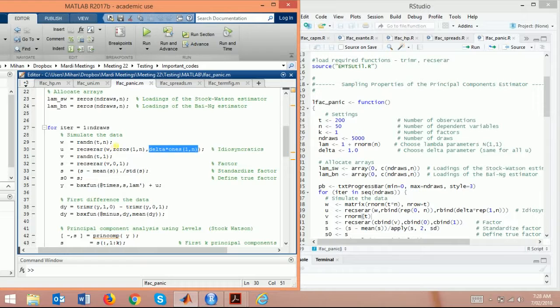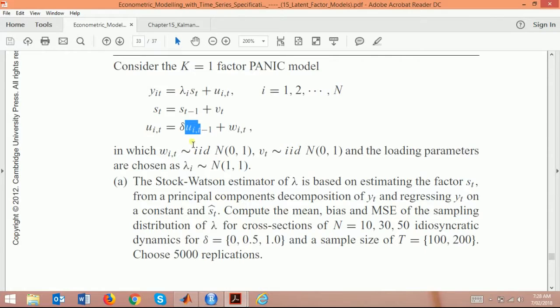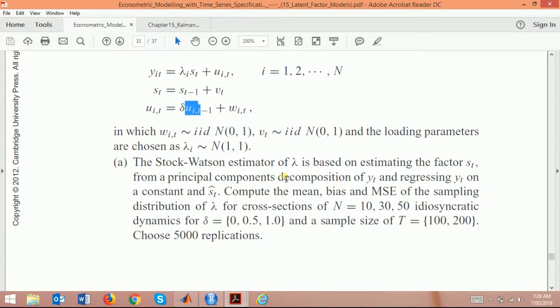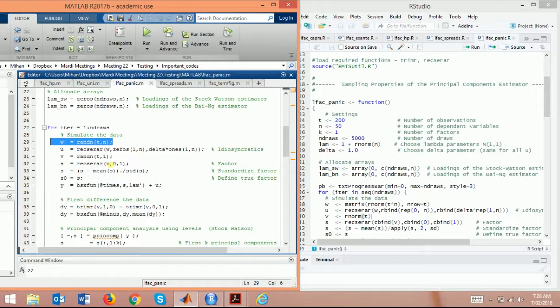V is equal to omega is random t, and then you have u, which is created with Rex error. Then you have to define v as well. This is created in a random setting. V is being created in a random setting. Okay, s.